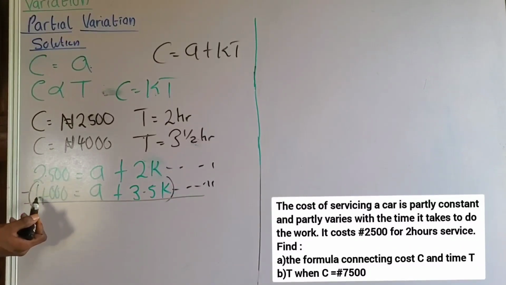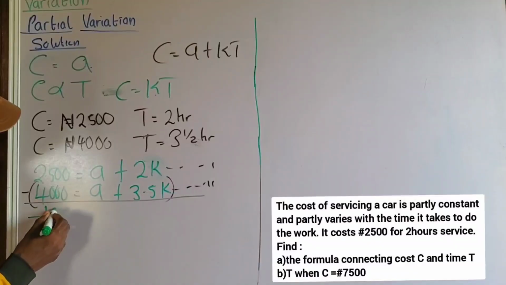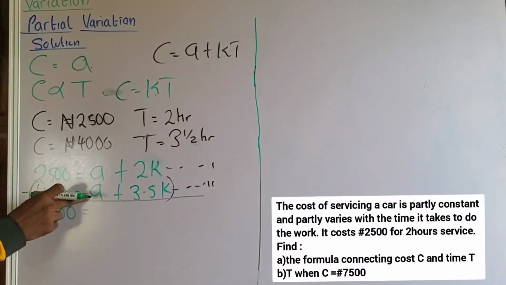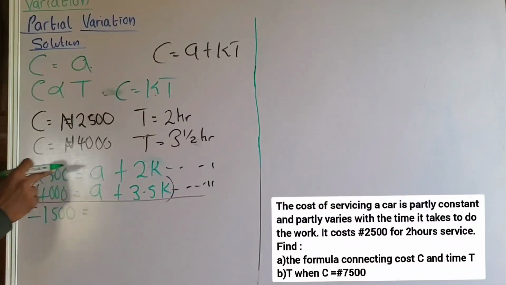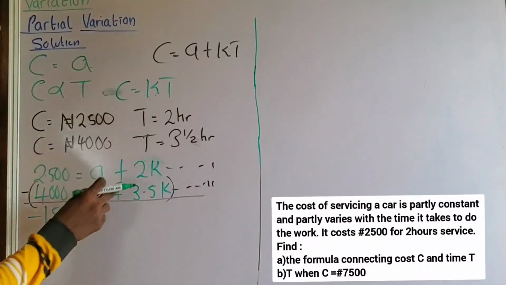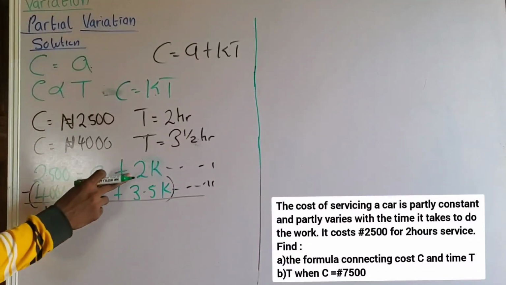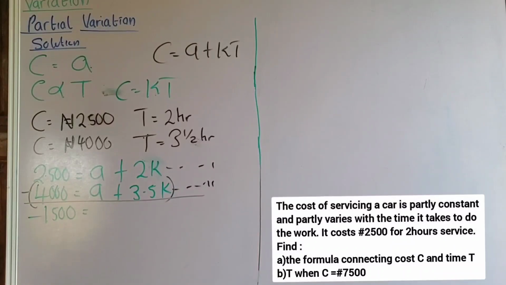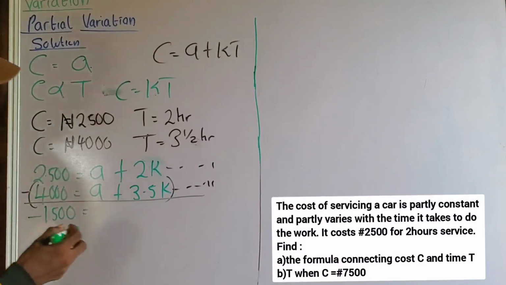2,500 minus 4,000 naira gives negative 1,500 equals A minus A. We are subtracting equation 2 from equation 1, don't forget. A minus A is 0, so we have already eliminated A. Now, 2K minus 3.5K will give us minus 1.5K, right?